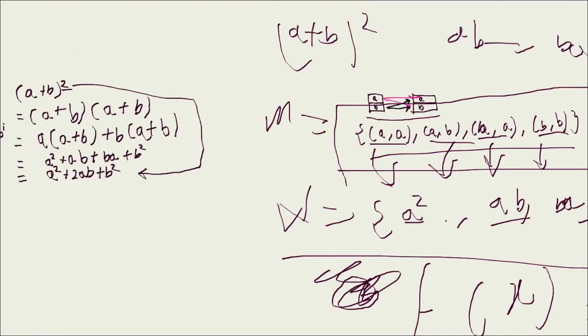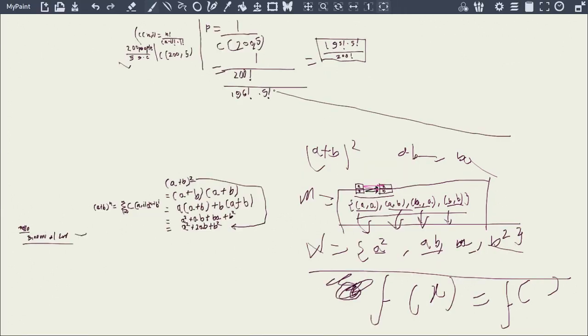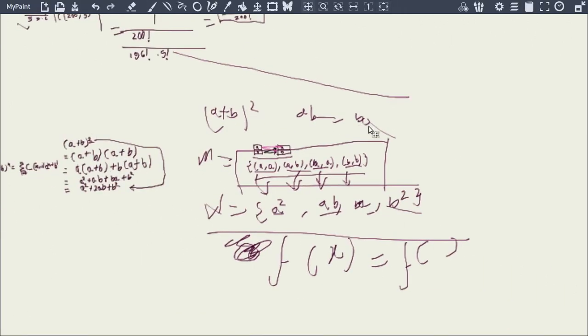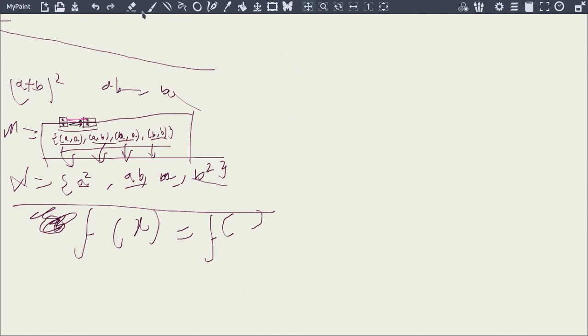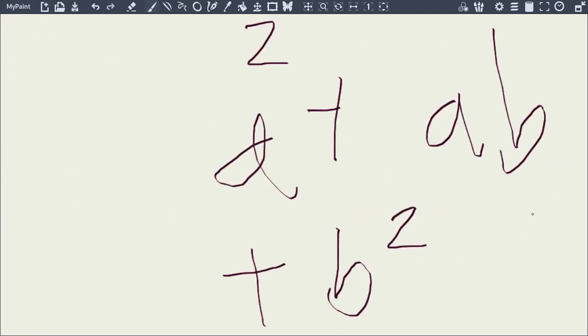So if we give N to that function, every element of the set should be added, and then it's going to be a squared plus ab plus ba plus b squared, and here you see we have ab.